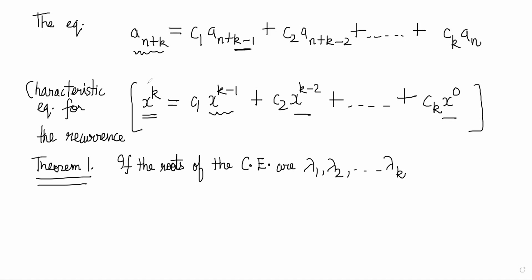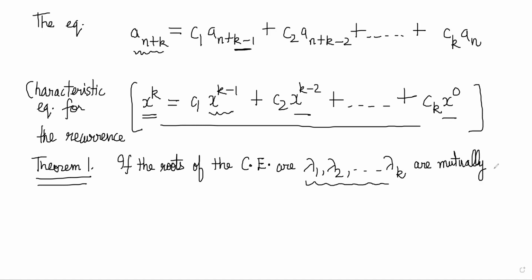Notice that the characteristic equation has degree k. This is the degree k polynomial equation. If the roots of this equation are lambda 1 to lambda k and the roots are mutually distinct, there are no common roots. Every root is different from the other, and these are the k different roots.